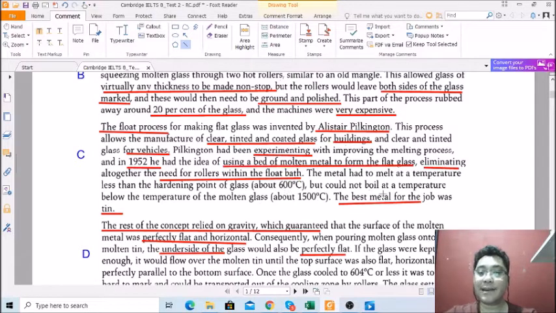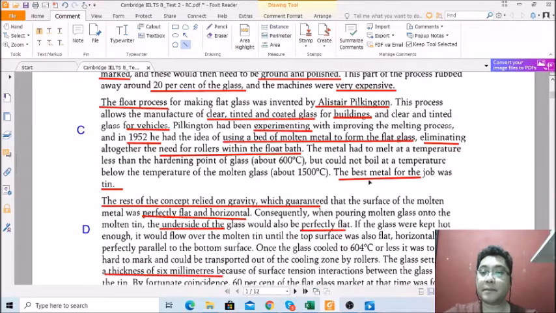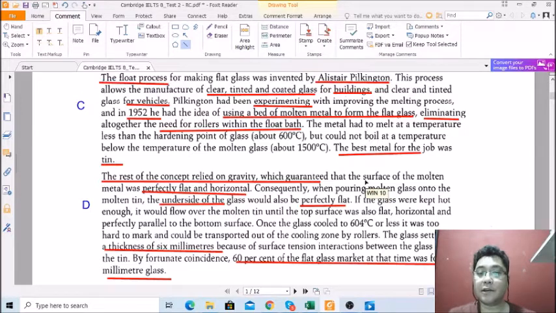Here we see the requirements, the important things that need to be done with the float process. But in fact, the best metal for the job was tin. So it gives us information that this is about certain properties and requirements that need to be fulfilled first.